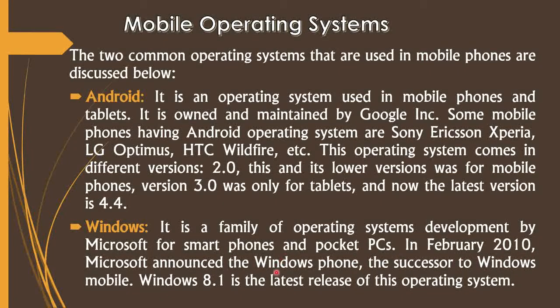So Microsoft announced the Windows Phone, the successor to Windows Mobile. Windows 8.1 is the latest release of this operating system. So, Microsoft Windows Mobile is there. It is the mobile Windows operating system. Okay, so mobile operating systems are mainly Android and Windows.